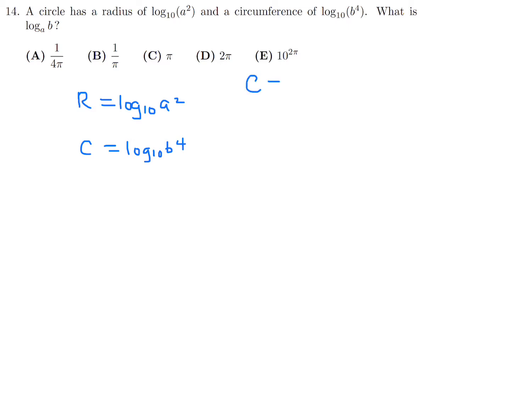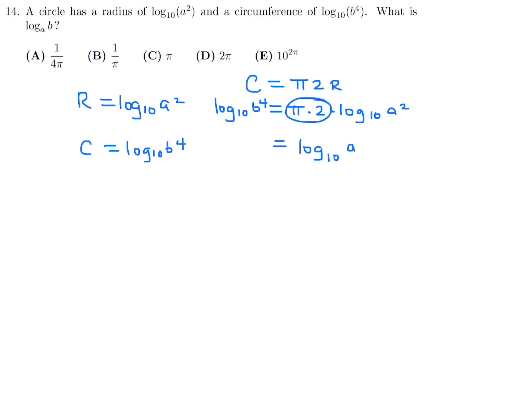Well, circumference is equal to pi times 2 times the radius. So we substitute our equations into this. So pi times 2 times log of a squared to the base 10. All right, so let's continue. The log of a squared, we can bring the exponent up here, 2 pi, like that.